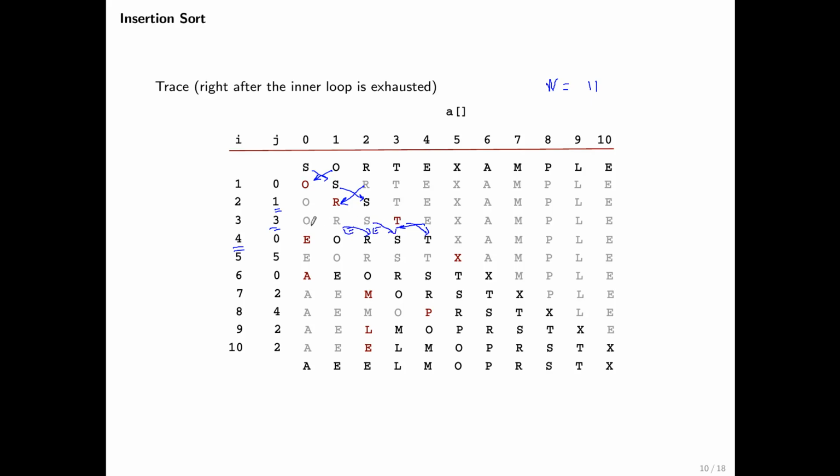You compare E with O. E is still smaller, so O comes there and E goes there. So that's how E ends up here at j equals 0, and the inner loop is done. Now notice that E, O, R, S, T, the first 5 elements are in the proper place. And then we continue, so on and so on. And once the outer loop is done, we have the entire array sorted. So that's insertion sort.